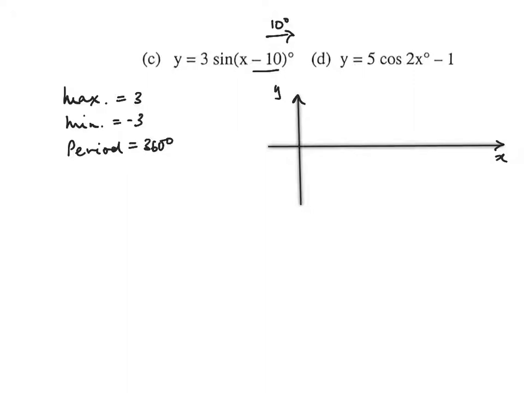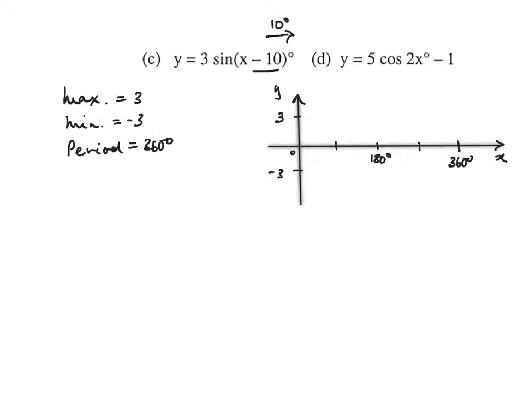So we'll see what happens. I'll mark 3 and minus 3 on the axes. I want one period, or one cycle. I'm going to mark 360 here, and first of all half, and then quarter the x-axis.